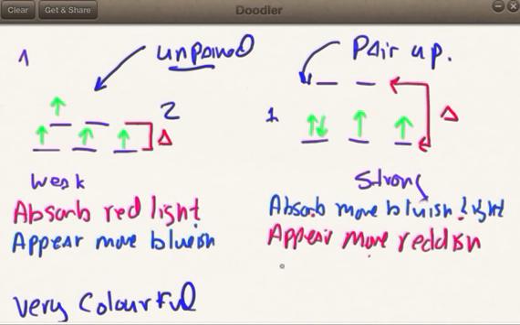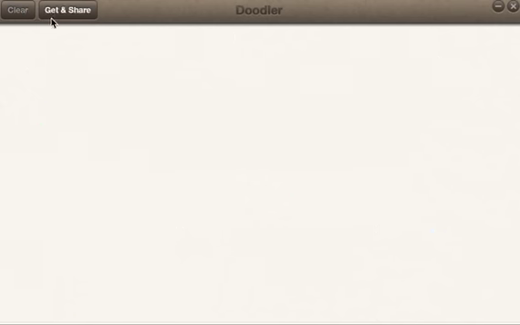And this is what's known as the spectrochemical series, or actually the starting point for the spectrochemical series.